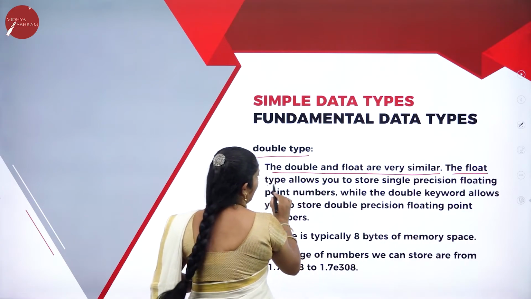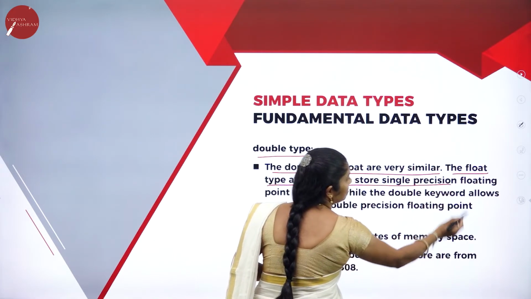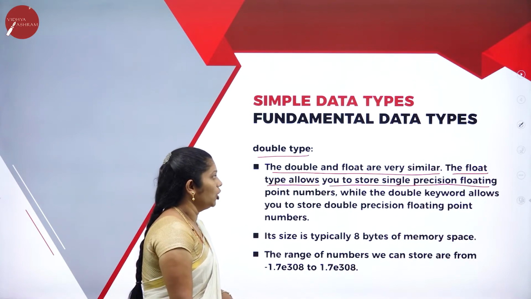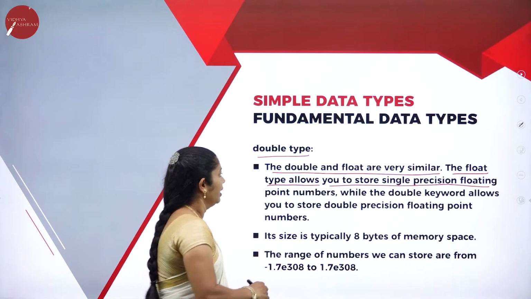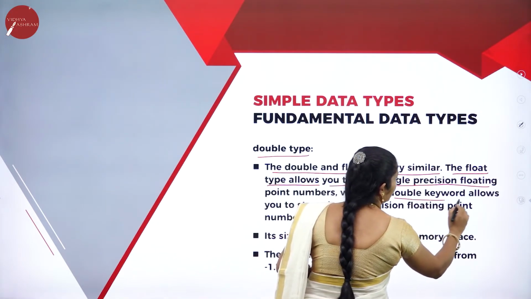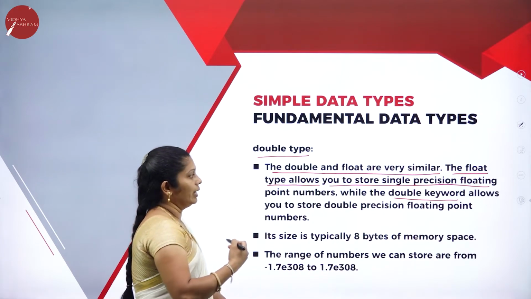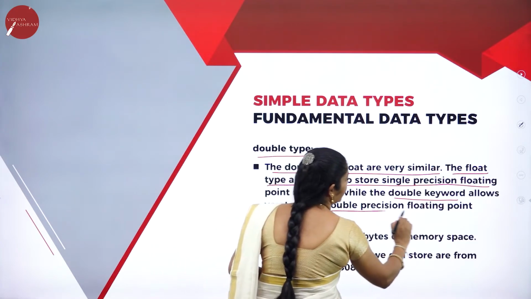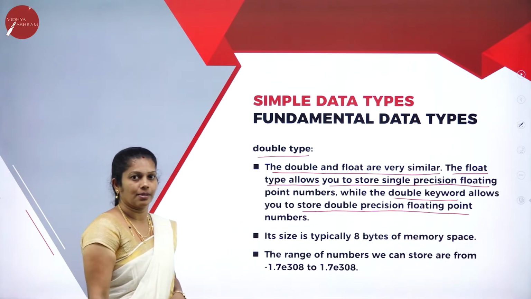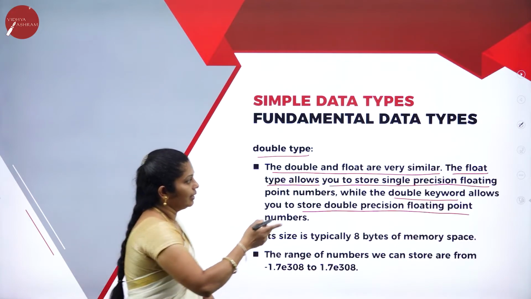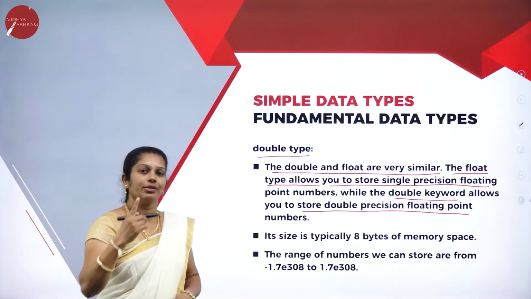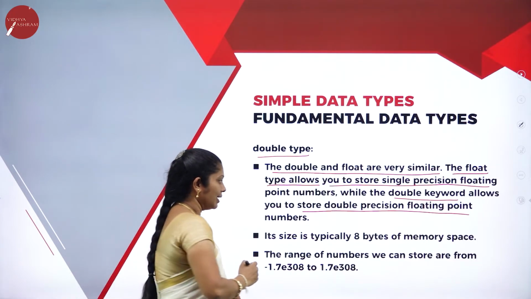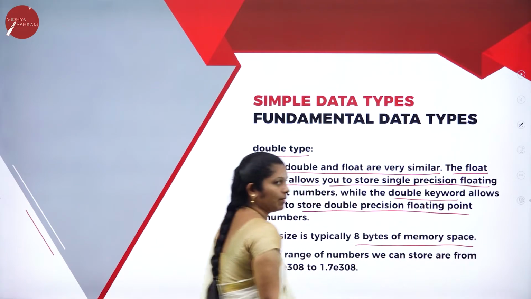The float type allows you to store single precision floating point numbers, while the double keyword allows you to store double precision floating point numbers. If I write float, it will take single precision. If I write double, it will take double precision. And its size is typically 8 bytes of memory space.